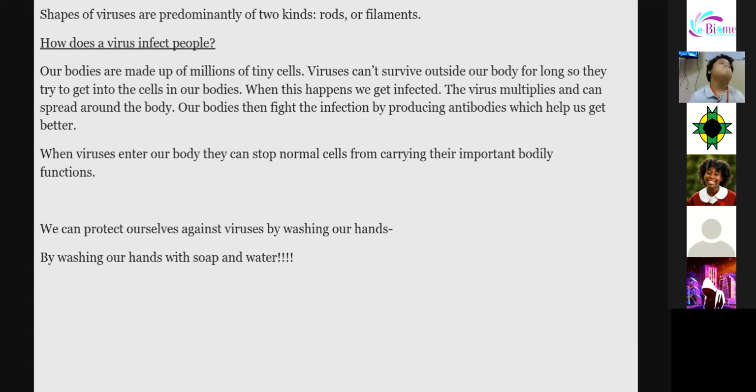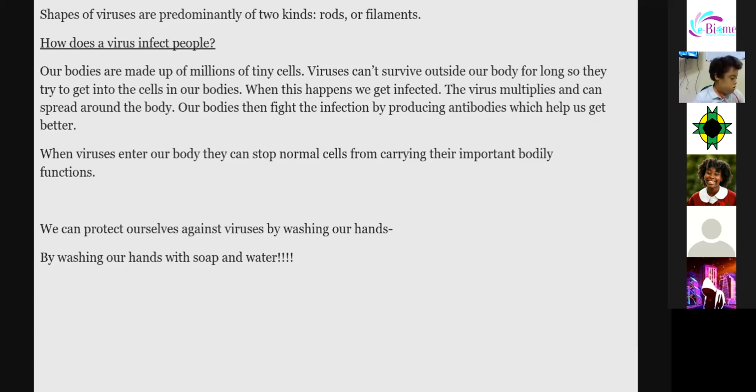So the first time we catch the flu, a virus enters our body, the virus replicates, and the body produces antibodies to help us fight that virus. The next time we catch the same flu, our body already has antibodies, so it helps. That's why we get better faster the second time that we catch the same cold or flu.